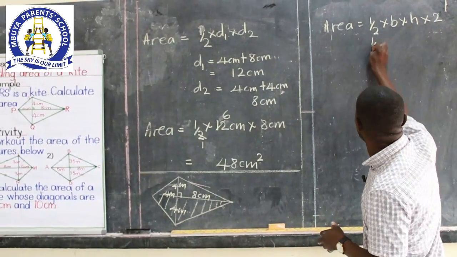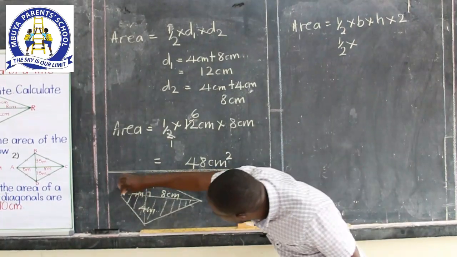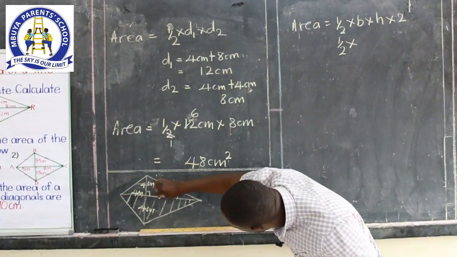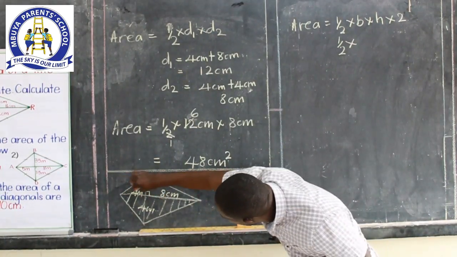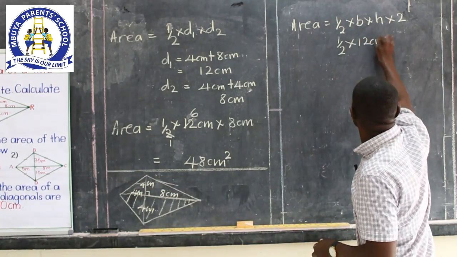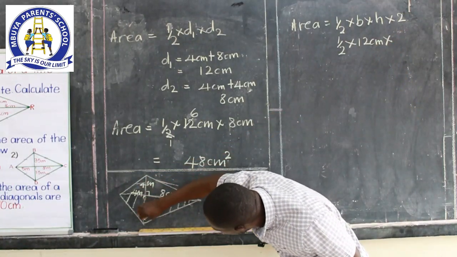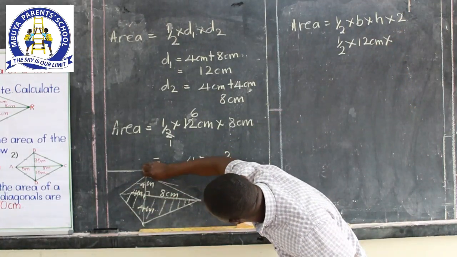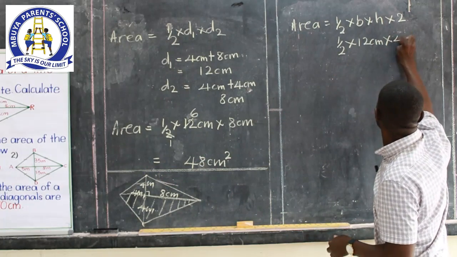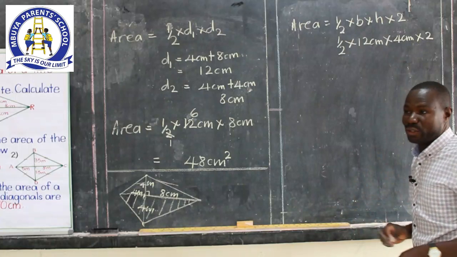So we shall have a half times the base. The base of this triangle now is this longer diagonal, which is 4 plus 8, and that is 12. Times the height, which is 4 centimeters. Times the 2 triangles.